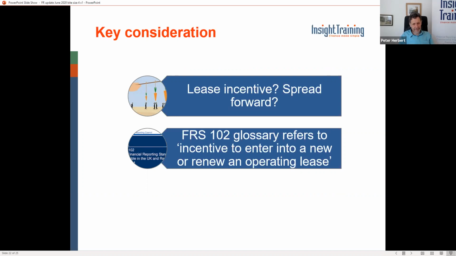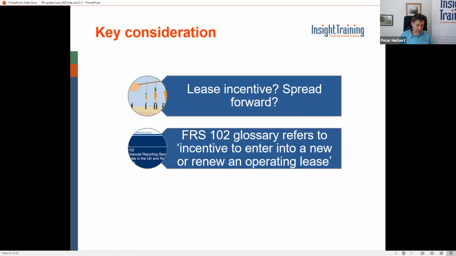There is therefore potentially some scope, I guess, to think about an appropriate treatment being to spread forward the cost in the landlord's books, the benefit in the tenant's books, of that incentive over the remaining lease term, as you would ordinarily do under FRS 102 or 105.